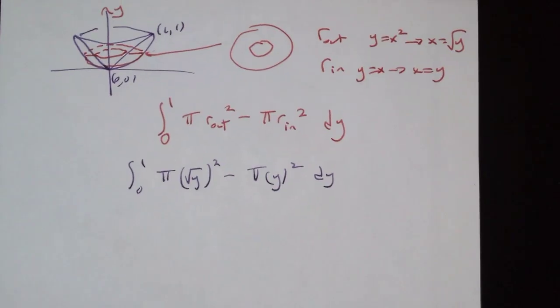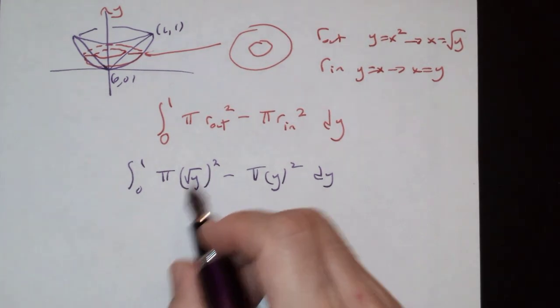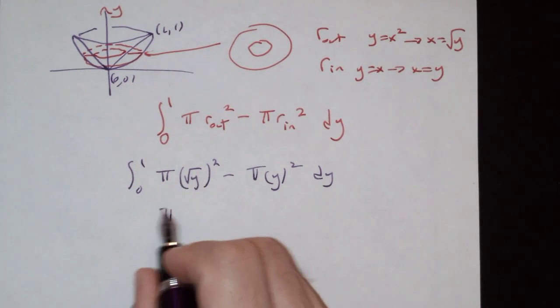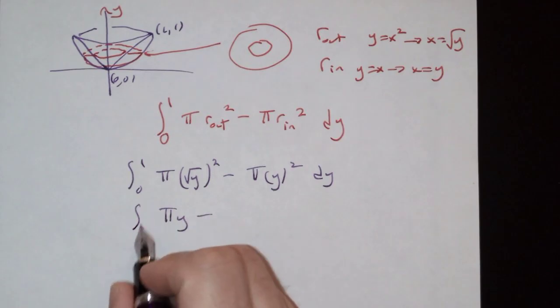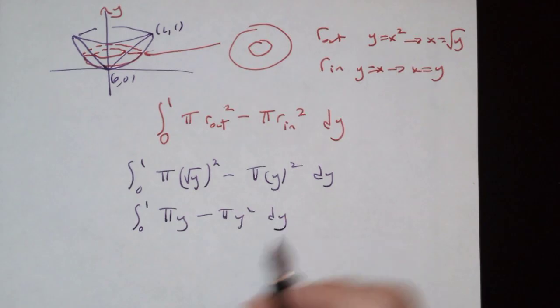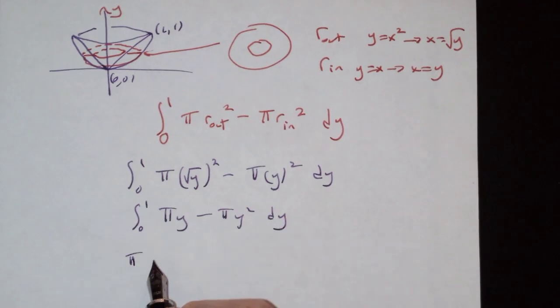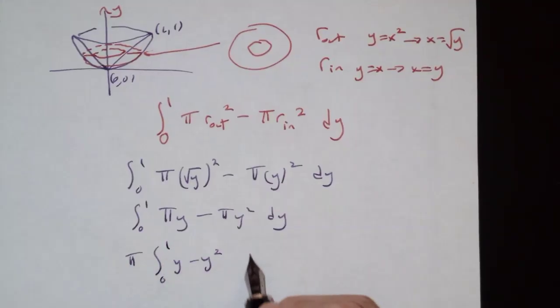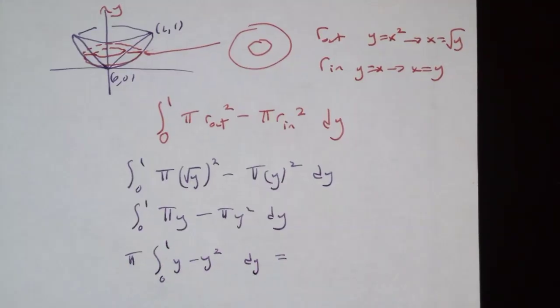If when I work this out, I do not get the same answer that I got before, I messed something up bad. So let's see. What happens here when I square the square root? So I have pi times y minus pi times y squared. Pull the pi out. What's my antiderivatives?